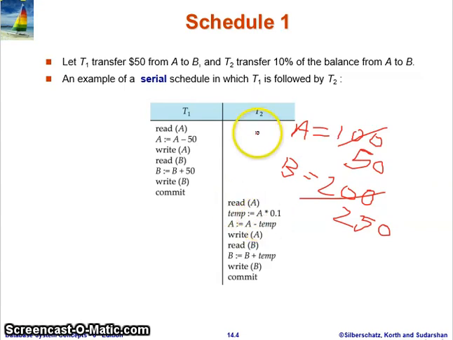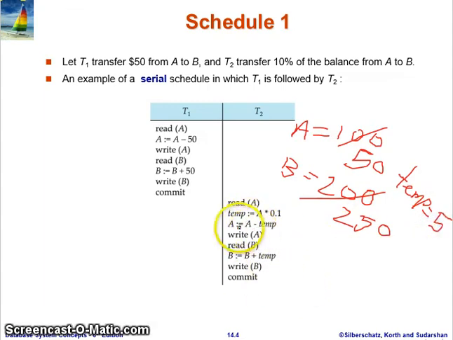Then transaction T2 reads the value of A, which is 50, and in another variable temp, the temp value will be 10% of A. A value is 50 and 10% of A is 5.